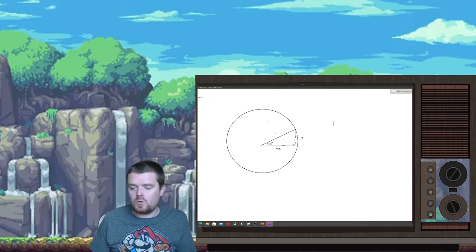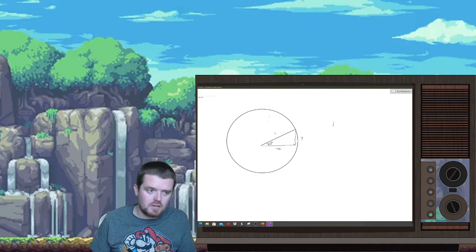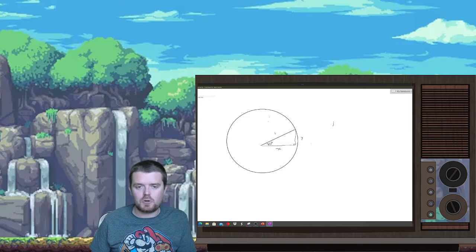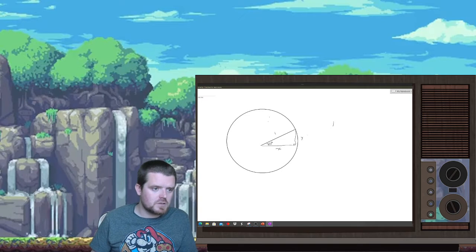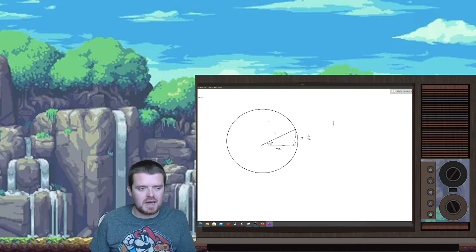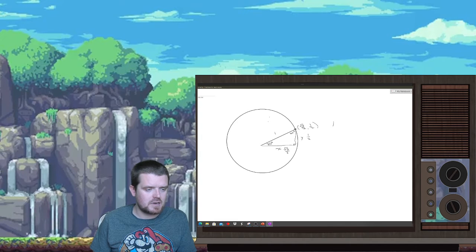And if I know the short side, then the long side is that side times radical 3. So knowing the hypotenuse, in this case, the short side would be half of that, so 1/2. And the long side would be square root of 3 times that short side, which would give me a point on the circle at radical 3 over 2, comma, 1/2. And that's for a 30, 60, 90 triangle.